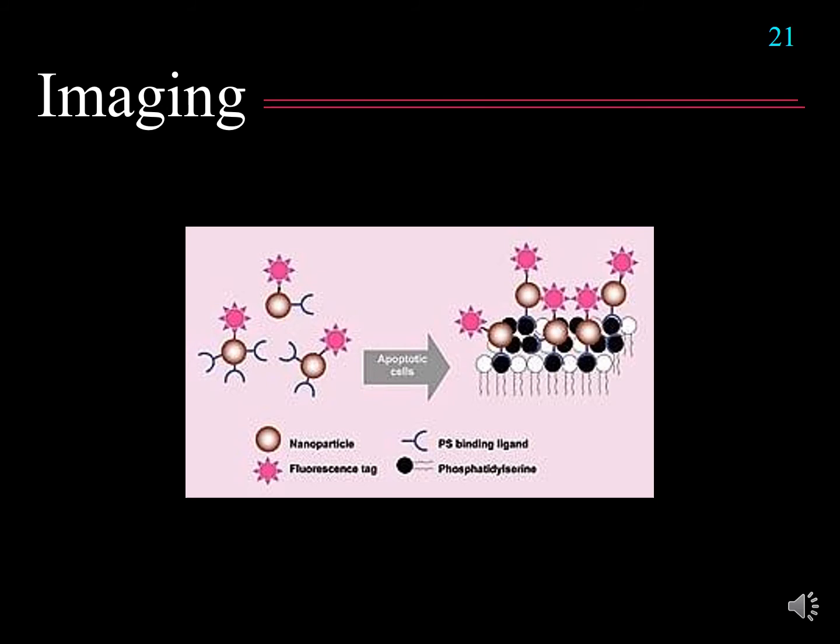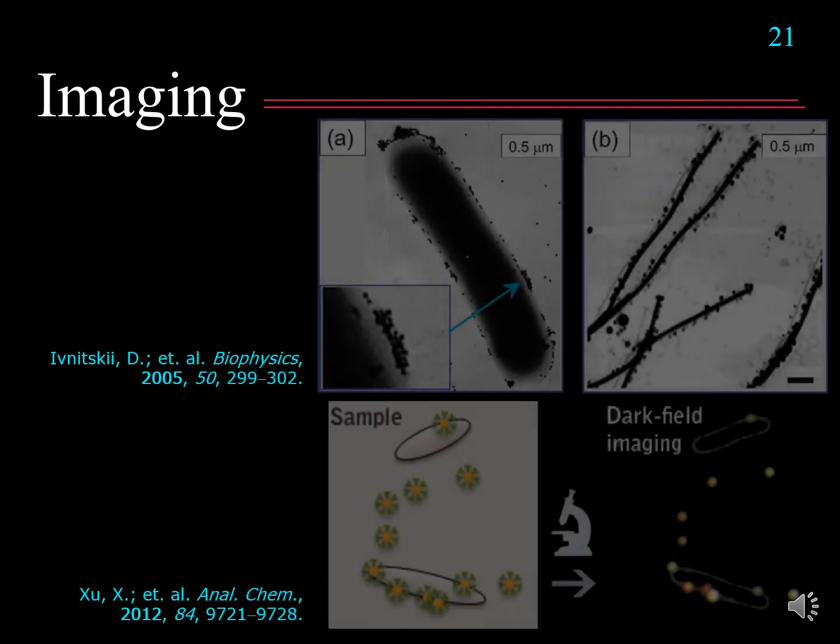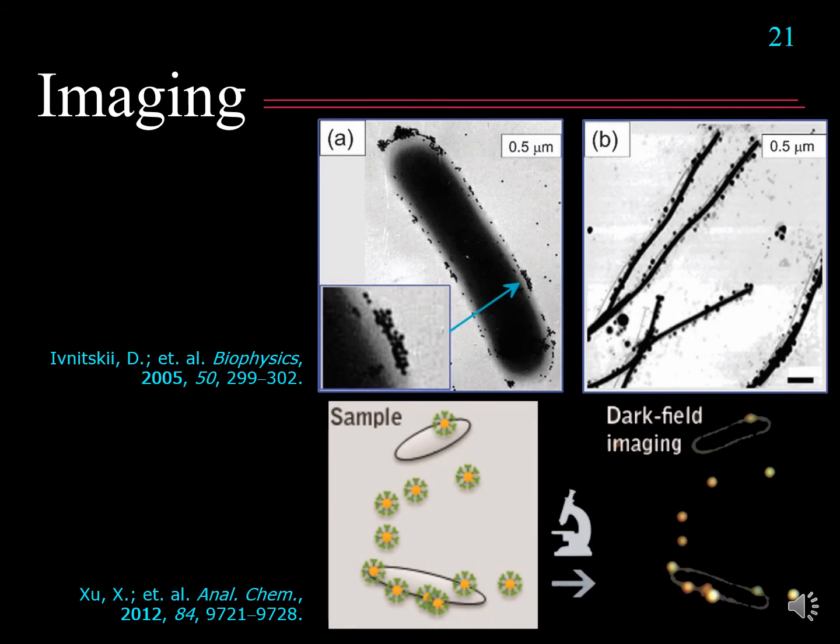So preparing this nanoparticle system and mixing it with the bacteria or virus, then our metal nanoparticles can aggregate on the surface of the cells. So for example, in pictures A and B, as you can see, there are nanoparticles aggregated on the surface of these kinds of cells.